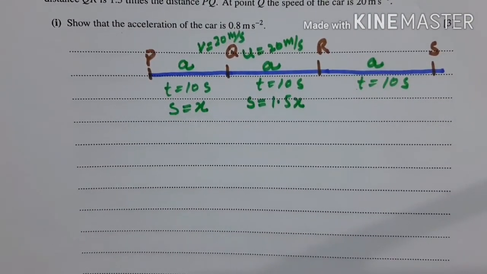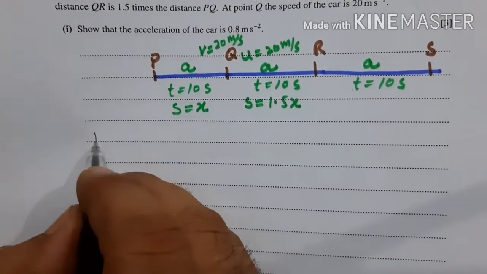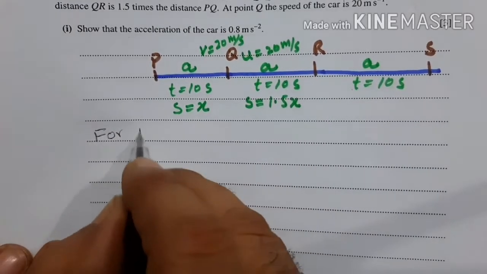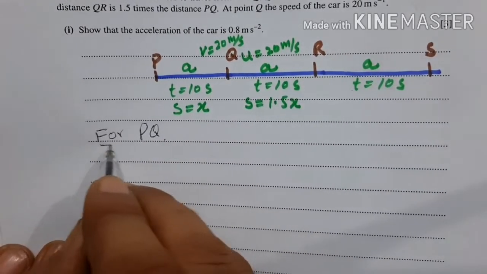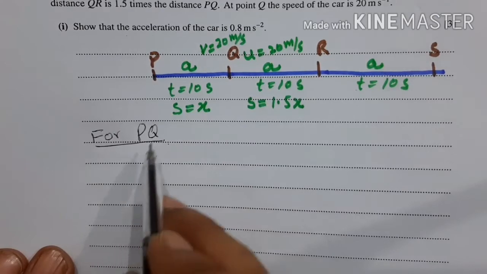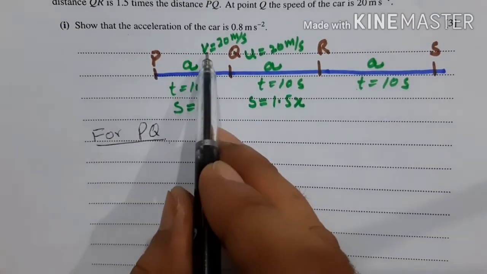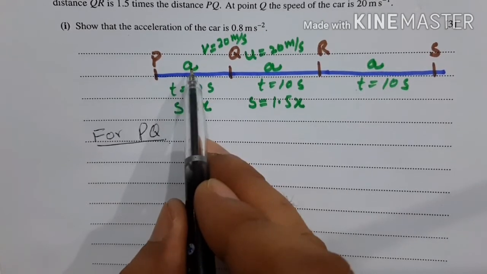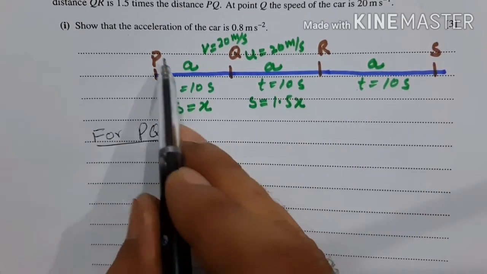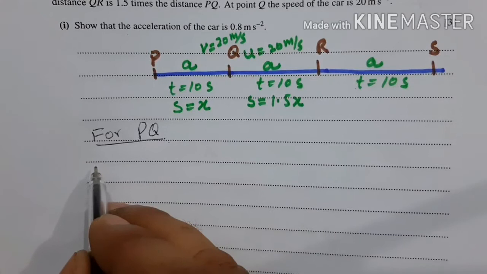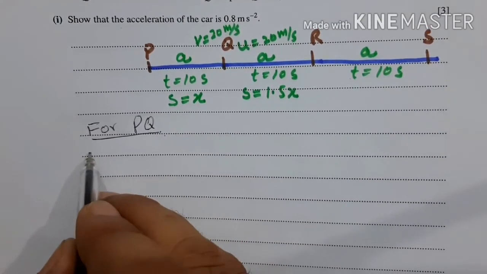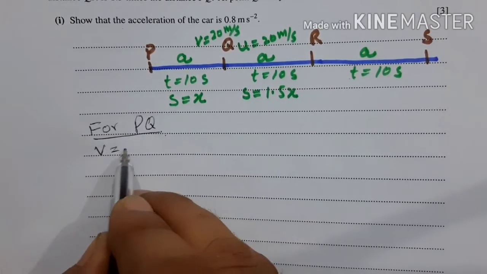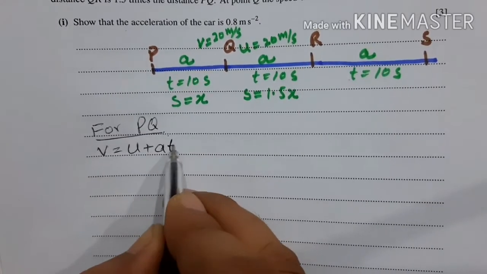Now for PQ, we have V, T, A. So we need U. For U, we'll use the first equation of motion: V is equal to U plus AT.